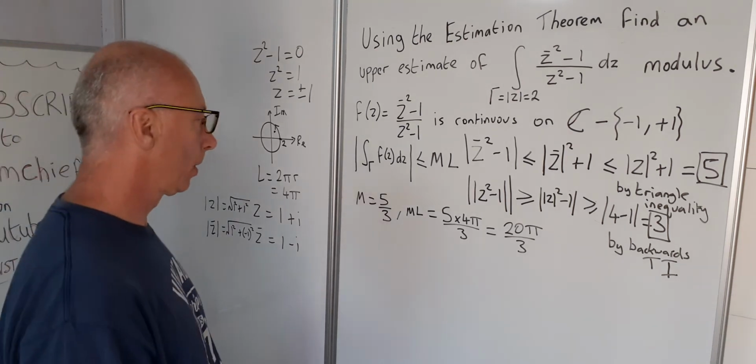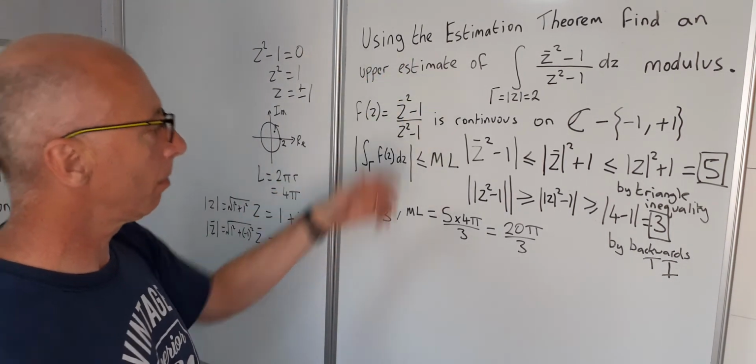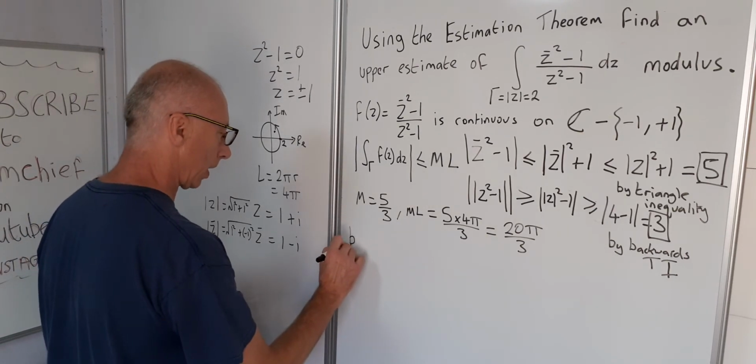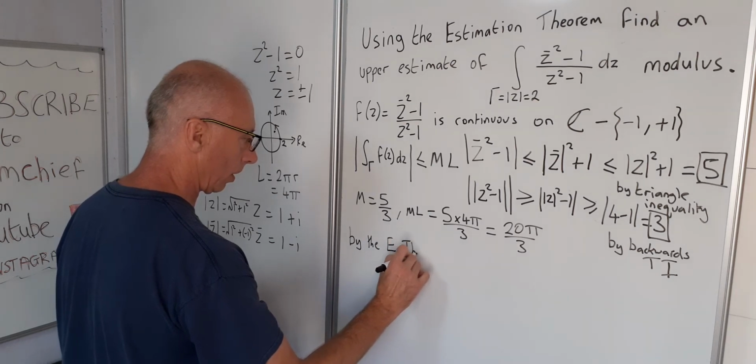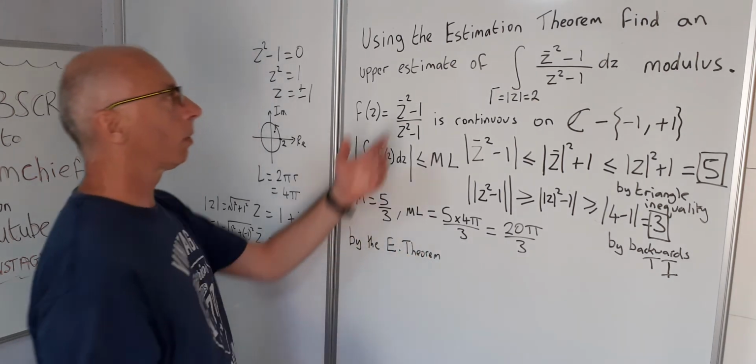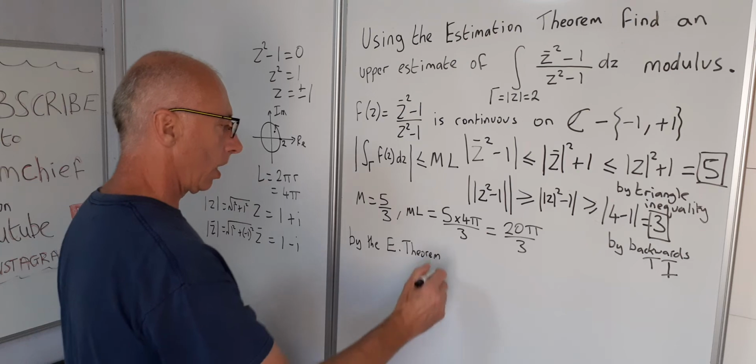Okay, so what we can say then is that by the estimation theorem, I'll just put that for short, so we know what we're talking about, this is the question we've got.